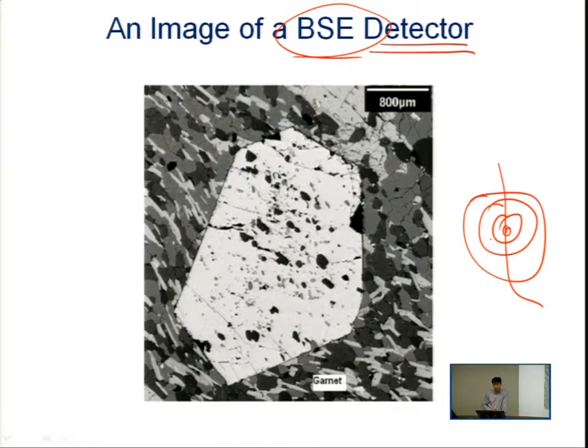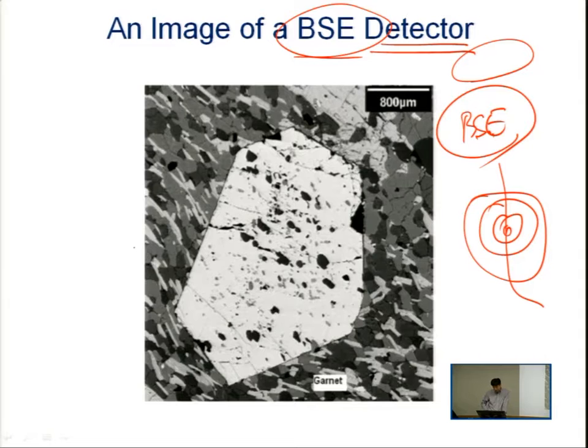Backscattered electrons produced from materials with high atomic numbers give much higher signal intensity. So depending on the brightness, we can tell the differences between different elements in the samples, and this is one example.